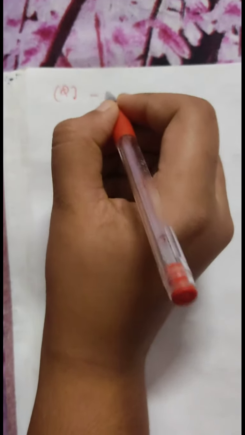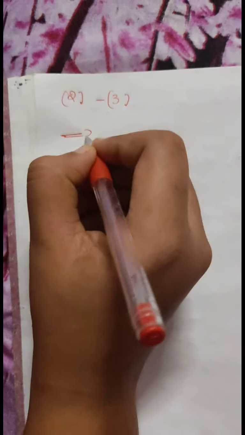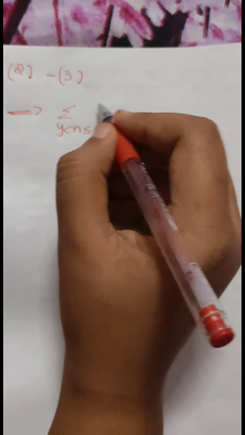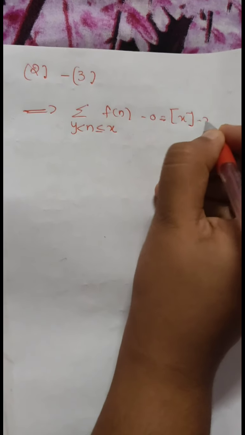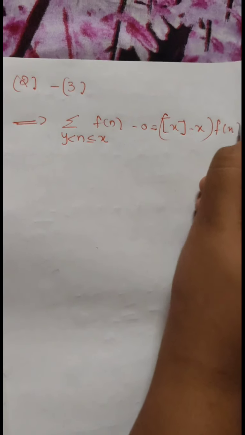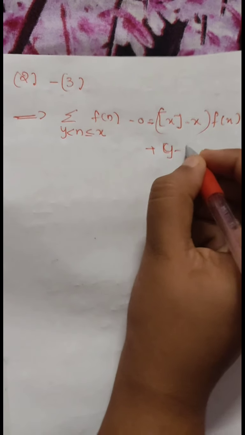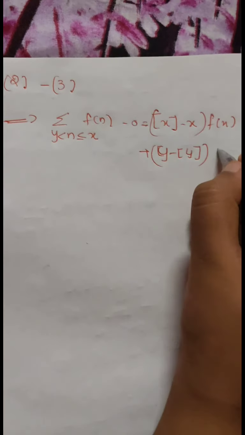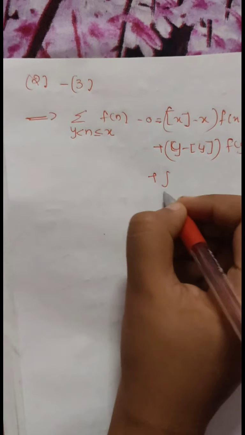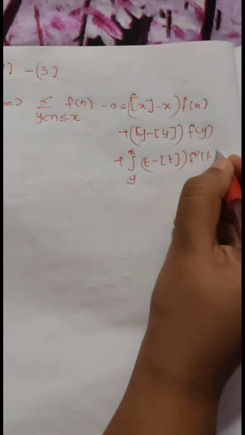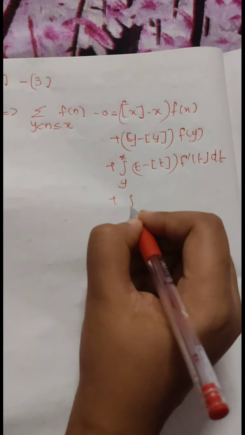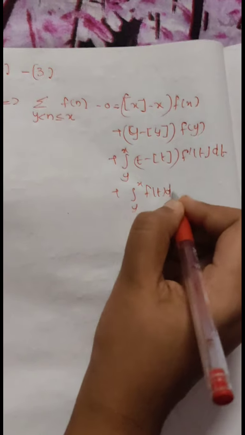So equation 2 minus equation 3 implies the summation y less than n less than or equal to x of f of n minus 0 is equal to the greatest integer less than or equal to x minus x, into f of x, plus y minus the greatest integer of y, into f of y, plus the integral from y to x of t minus the greatest integer of t, into f dash of t dt, plus the integral from y to x of f of t dt.